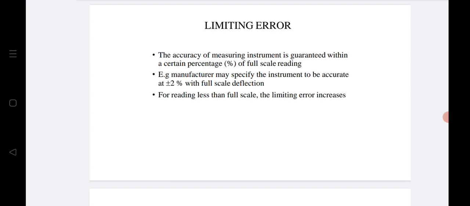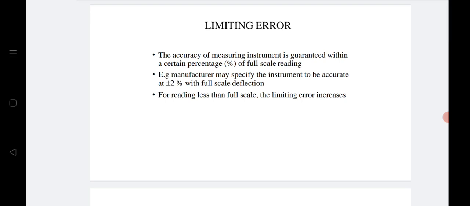How much that error will be is indicated by the manufacturer. It will say that this much tolerance or error will be there, based upon your full scale reading. From the full scale reading we remove that percentage of error, and then the value you get is the correct value.